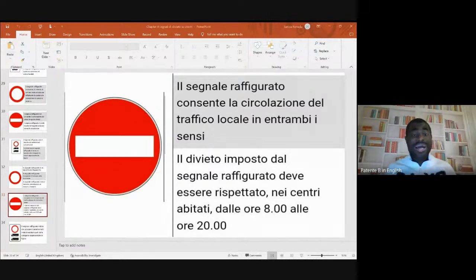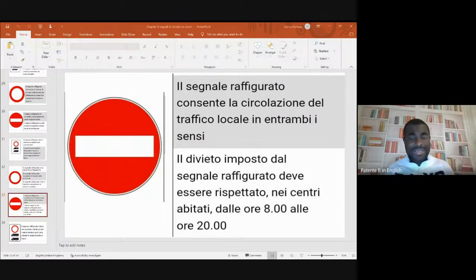No, you can't enter from the opposite sense. When we say local traffic, we're talking about the normal circulation. It can take place in both senses, and the answer is no. Only one sense is used to enter.